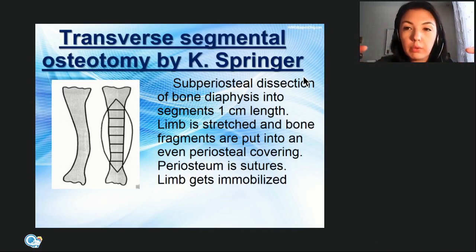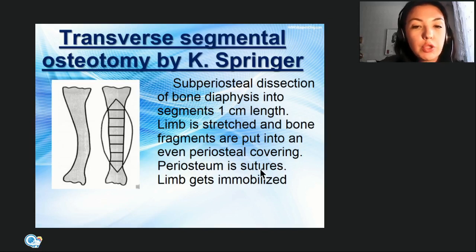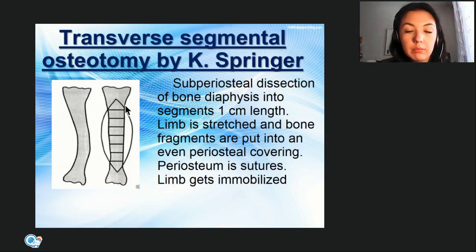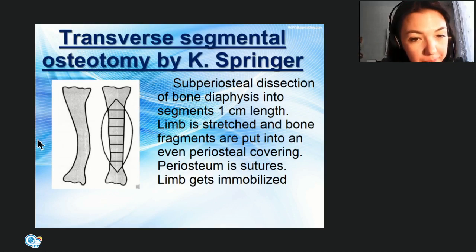So the limb is stretched and bone fragments are put into an even periosteal covering, and the periosteum is sutured and the limb gets immobilized. So the sense is that we remove the deformity by cutting the bone into small pieces and putting them correctly in a proper position.